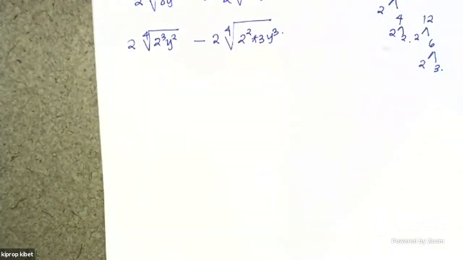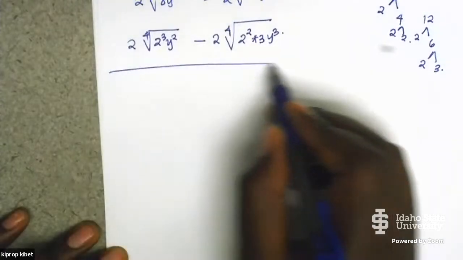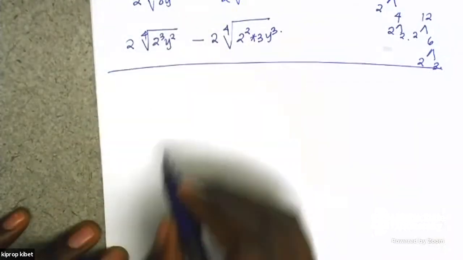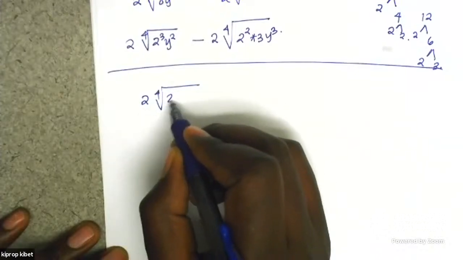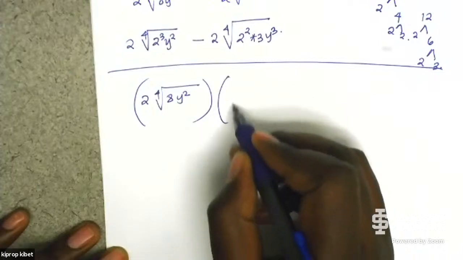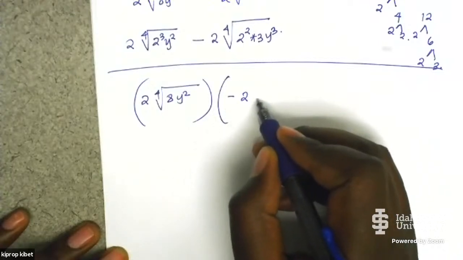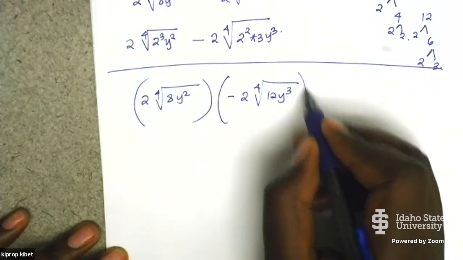Now, let's say we multiply. So this one was addition. Let's say we multiply the fourth root of 8y squared by -2 the fourth root of 12y cubed.